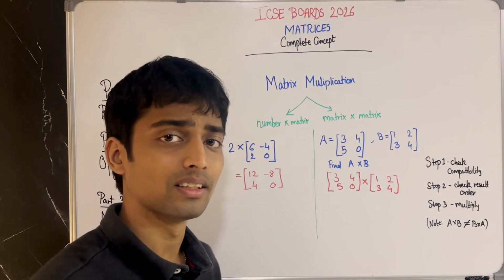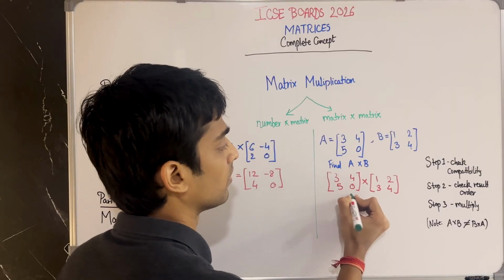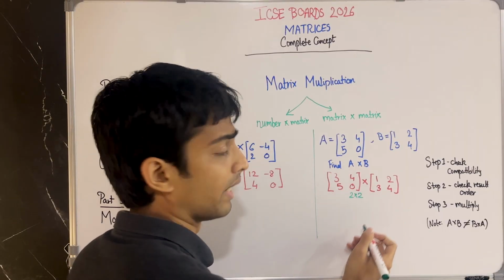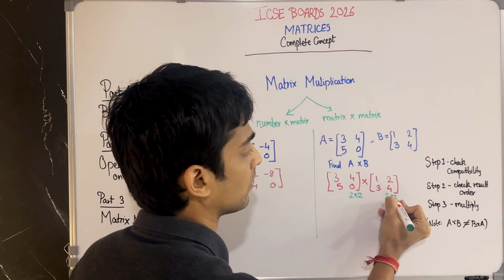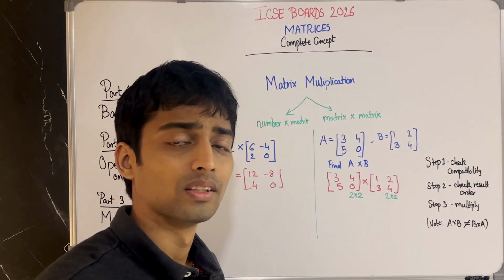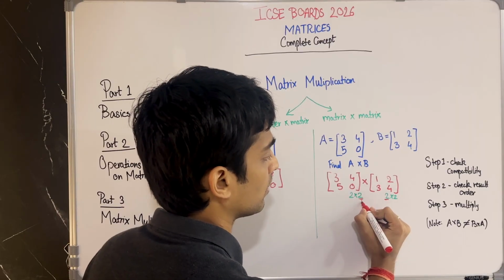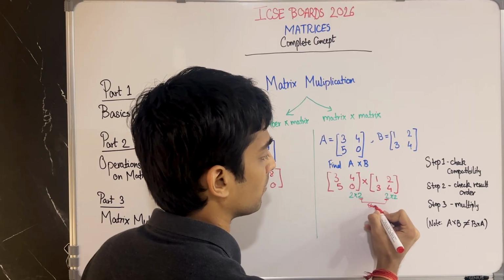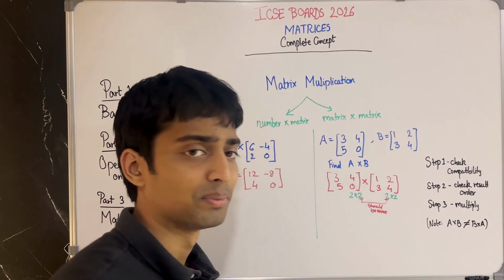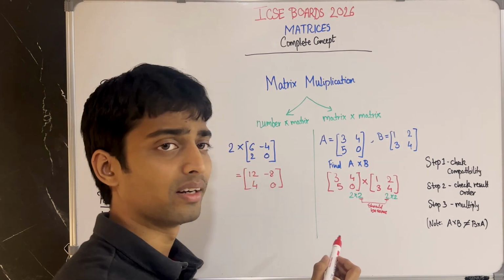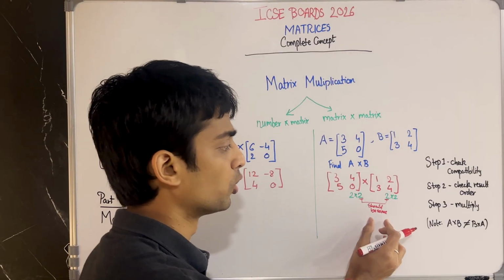First thing is we'll write the order. So what is the order of the first matrix? 2 by 2. 2 rows, 2 columns. And for the second one, again 2 by 2. Now, for compatibility, this number and this number should be the same, which means the number of columns in the first matrix and the number of rows in the second matrix should be the same.